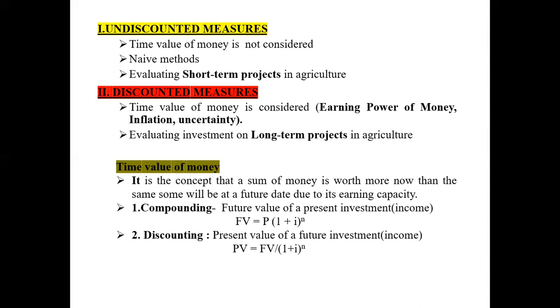You multiply the present value by the factor (1 plus i) to the power of n to get the future value. Coming to discounting, here you get the present value of future income or future investment. For that, you divide the future value by (1 plus i) to the power of n. Here, 1 over (1 plus i) to the power of n is the discounting factor.